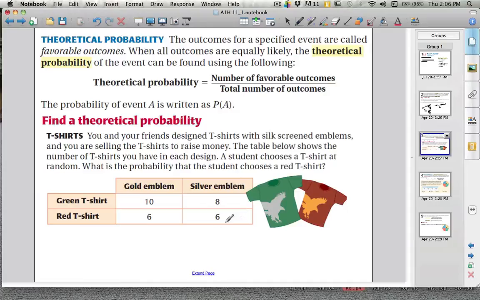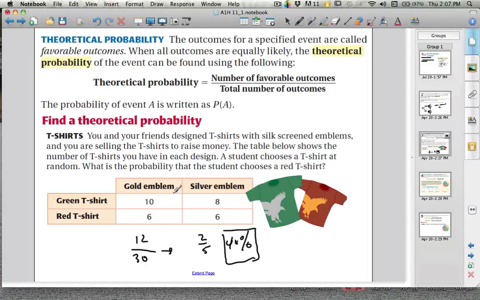Well, the total number of red t-shirts would be 6 gold and 6 silver. That would be 12, out of a total of those 12 plus another 18, which would be 30. So 12 out of 30, which when simplified will be 2/5, or typically we express probability as a percent, 40%.